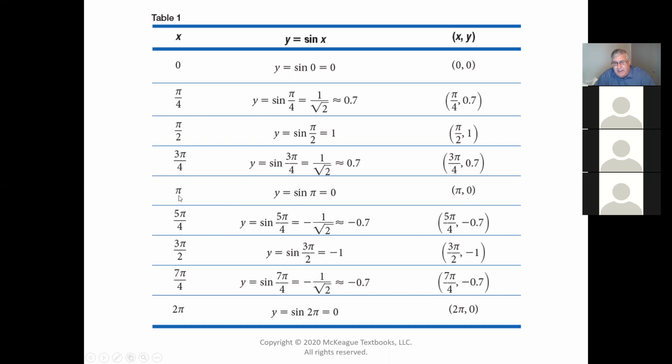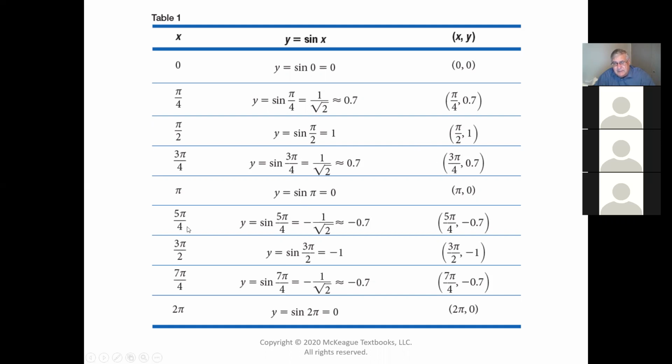Pi radians is 180 degrees. So the sine of pi, or the sine of 180 degrees, is that point on the x-axis to the left, which is (-1, 0). And since the y coordinate is 0, the sine of pi radians is 0. So pi comma 0 would be another point found on the graph of y equals sine x.